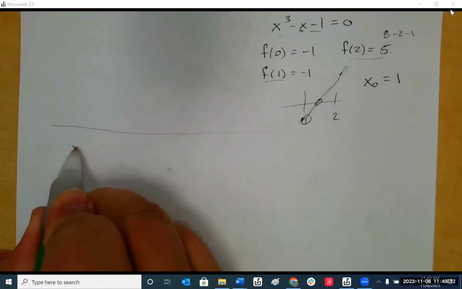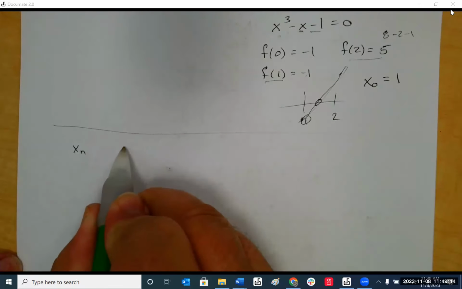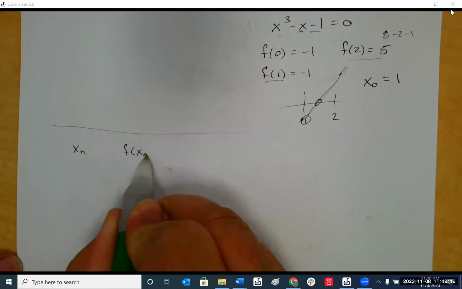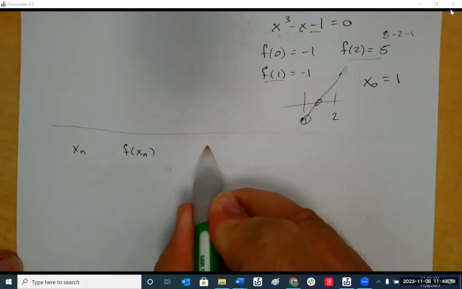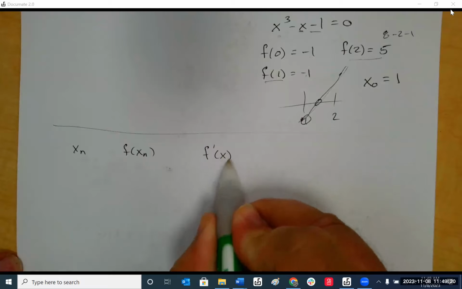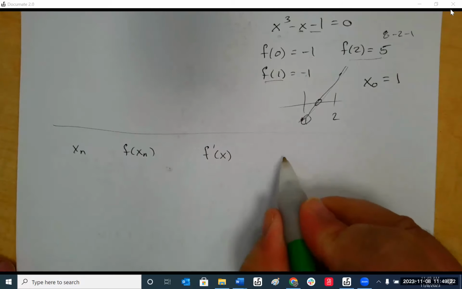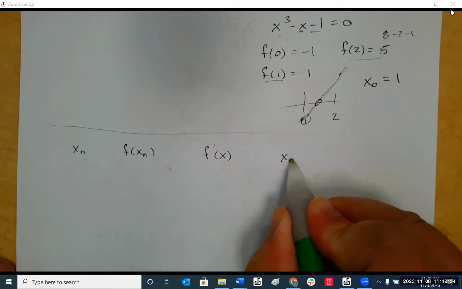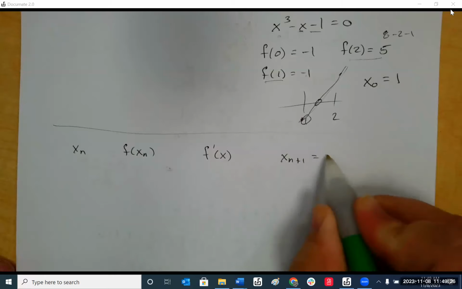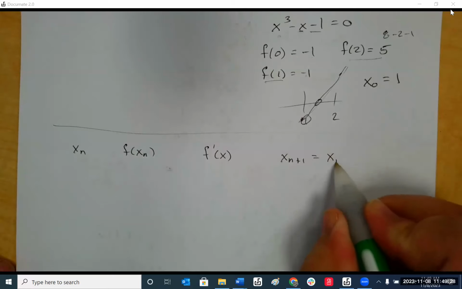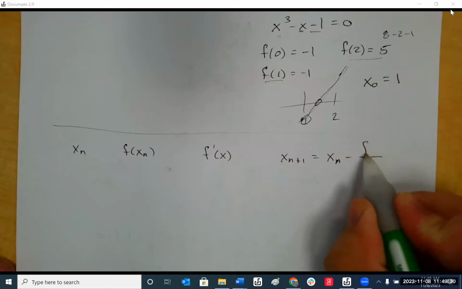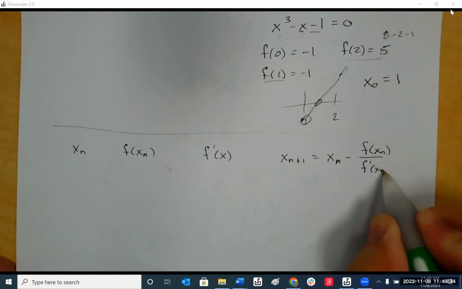So we need to have x sub n. We have to find our function at that value, the value of the function at f prime, and our next approximation, which is x sub n minus f of x sub n divided by f prime of x sub n.